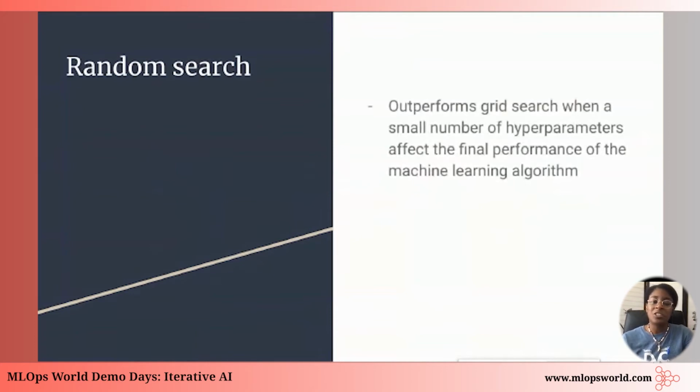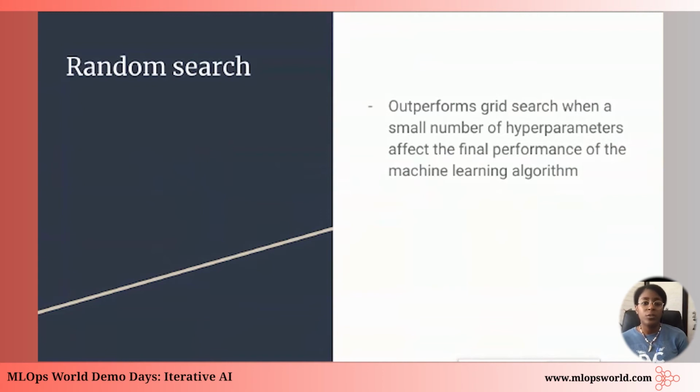But just so you have a little background on it, random search does outperform grid search when a very small number of the hyperparameters have a big effect on the final performance of your model. So maybe you have 10 different hyperparameters, but only 3 of them actually make a difference.